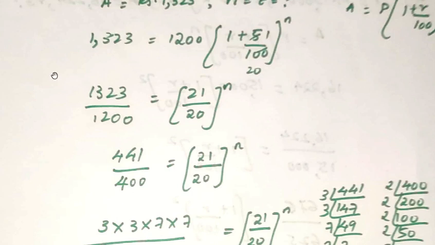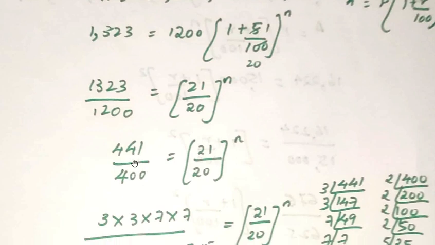When this comes to the other side, it will become a division sign. So 21 divided by 20 to the power of n. 5 ones are 5, 5 twenties are 100. So 21 divided by 20 to the power of n equals 441 divided by 400.